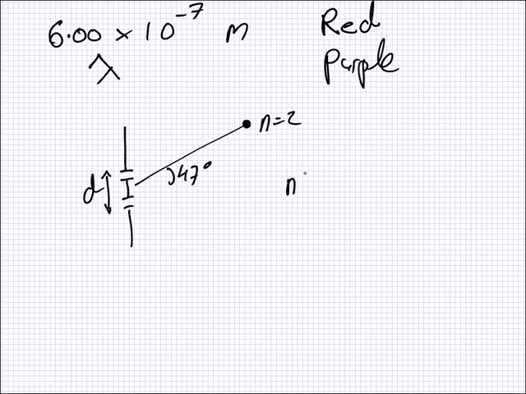So the formula is n lambda equals d sine theta, and they're looking for the lambda. So lambda is d sine theta over n. Oh, sorry, what am I saying? Is this for the purple or the red? The purple light contains red and violet. Oh, purple is the mixture.